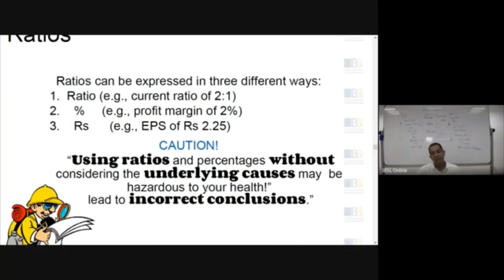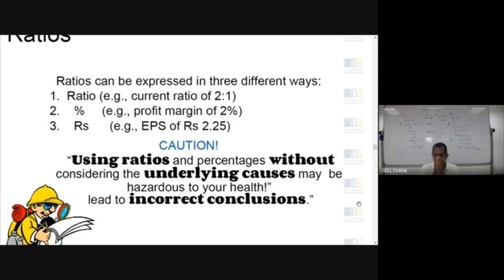You have to be very careful. When you are using ratios, you have to know the underlying cause. Otherwise, you will come to incorrect conclusions; know the reasons behind ratios. That's why I started by saying you are not accountants. You want to interpret the accounts to identify the operations and management activities.